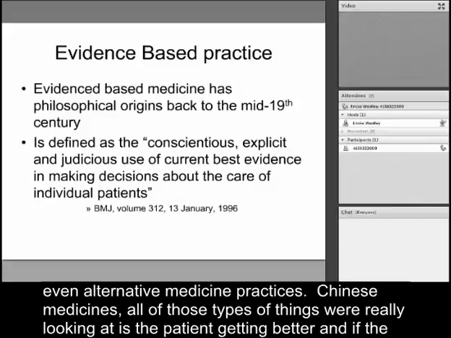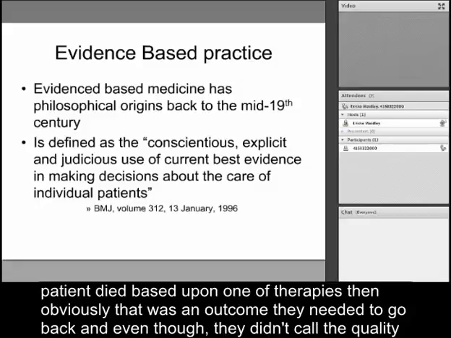Even alternative medicine practices, Chinese medicine, all of those types of things, we're really looking at: is the patient getting better? And if the patient died based upon one of their therapies, then obviously that was an outcome that they needed to go back to.